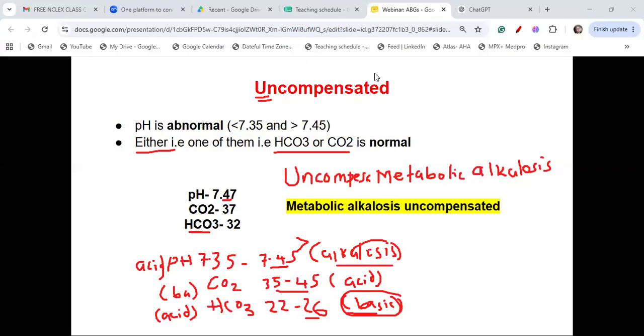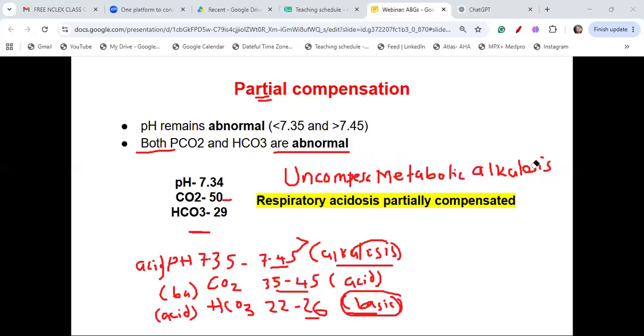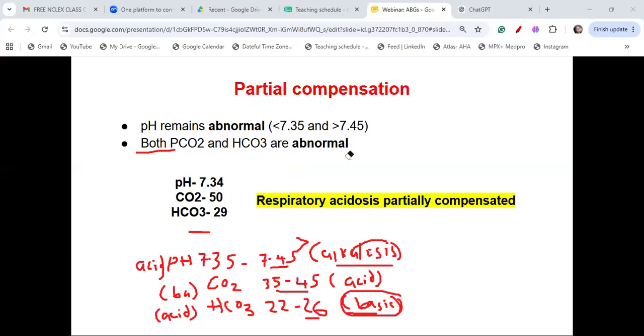Now let's move to partial. So in partial, all the three parameters are usually abnormal. All the three of them are abnormal. The pH is abnormal, the CO2 is abnormal, bicarbonates are abnormal.